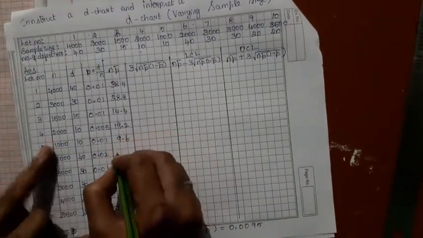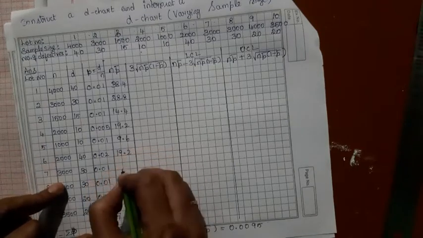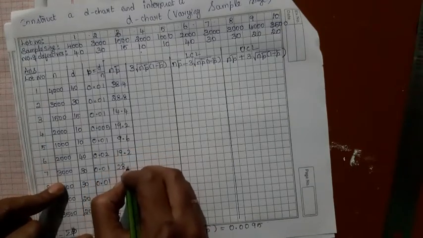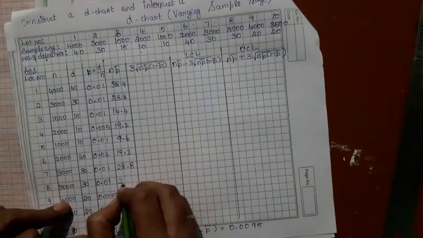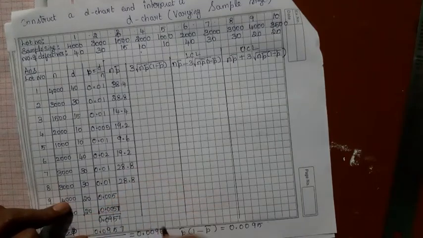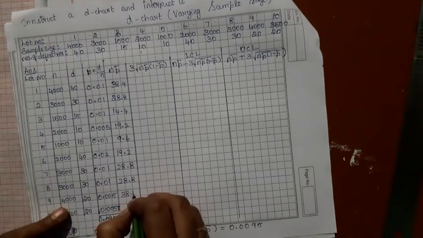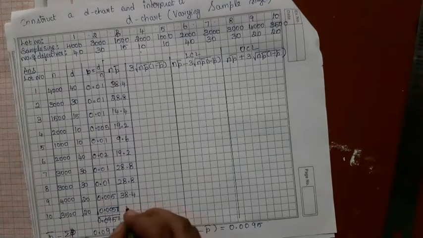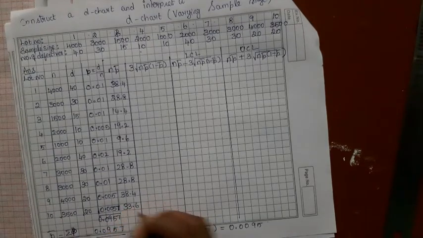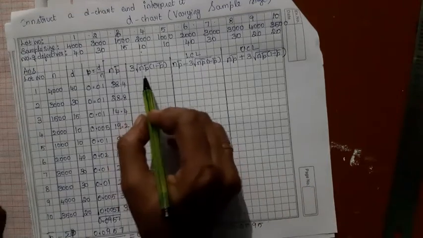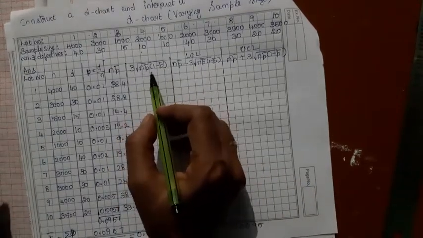Then 9.6 for 1000, then 2000, 3000, 3000, 4000 and 3500 into 0.0096. Compute this. Okay.